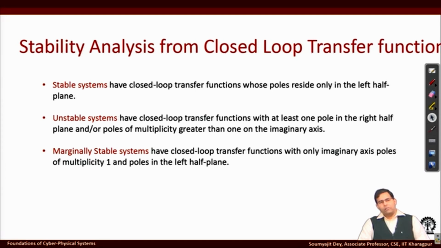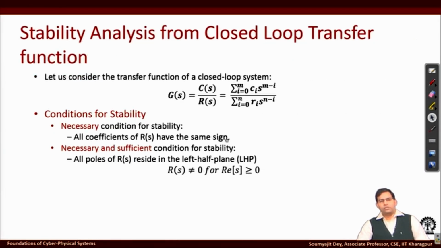And you have marginally stable systems with only imaginary axis poles of multiplicity 1, and other poles in the left half plane. So you have marginal stability if the transfer function has poles in the left half plane and other poles whose real part is 0 and which lie exactly on the imaginary axis. So that's how we can classify stable, unstable and marginally stable systems.